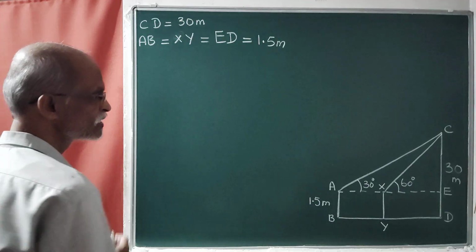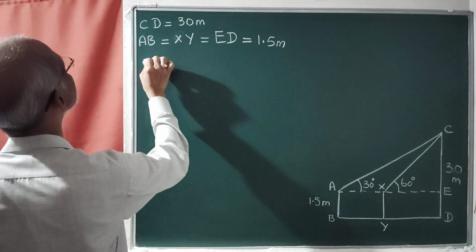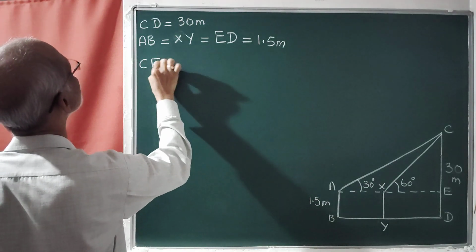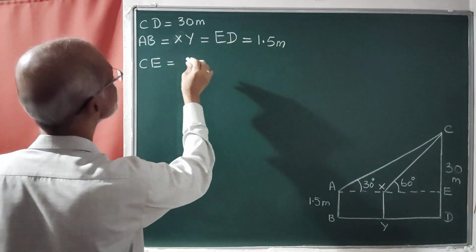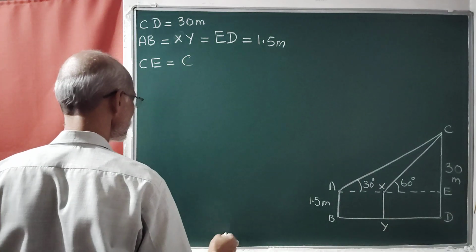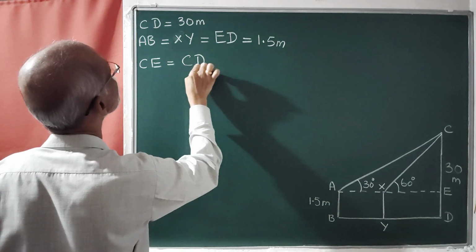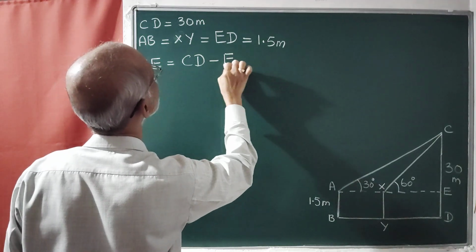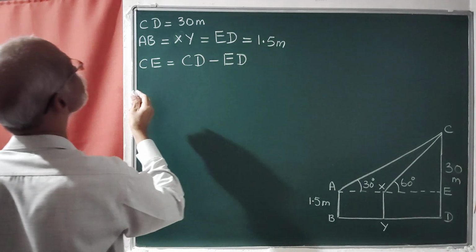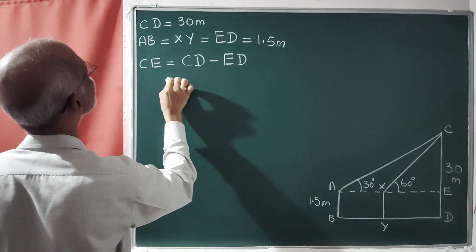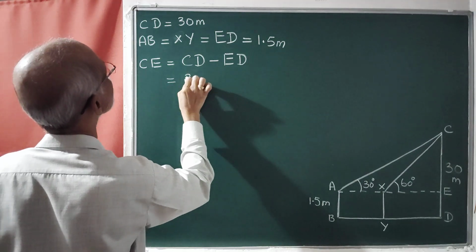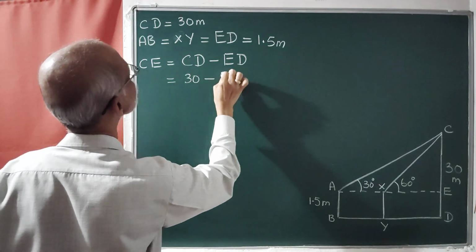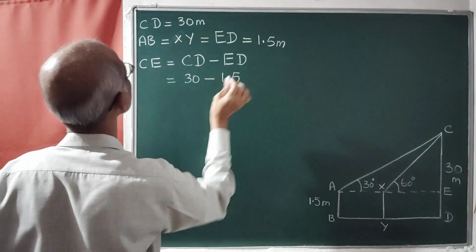Now, CE is equal to CD minus ED. So, CE will be equal to 30 minus 1.5.